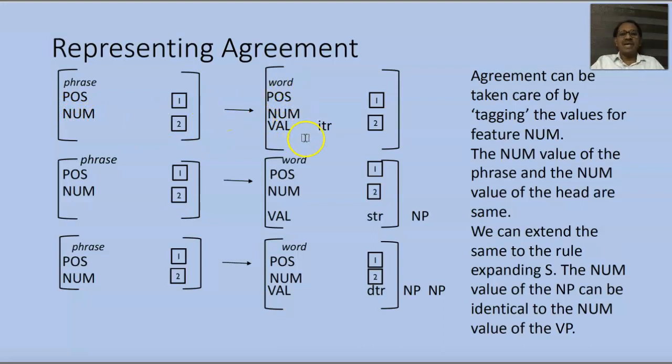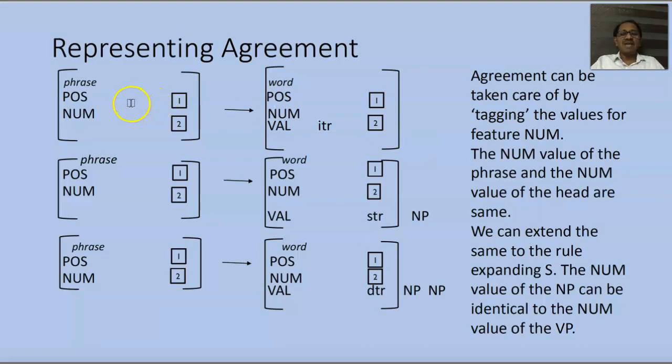Similarly, we can extend these rules even to the sentence S. When you say a subject and a verb in a sentence agree, that is NP and VP agree, NP gets its agreement number from its noun, and the verb phrase gets its number value from its verb.